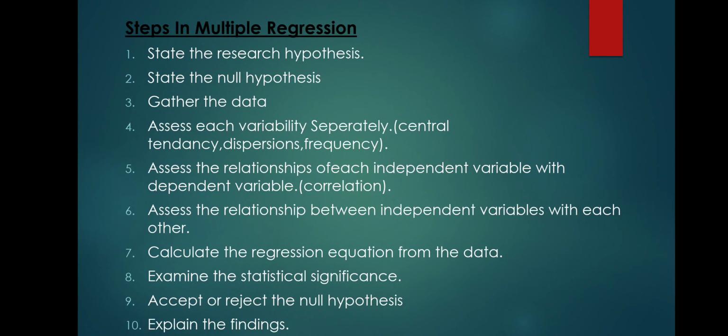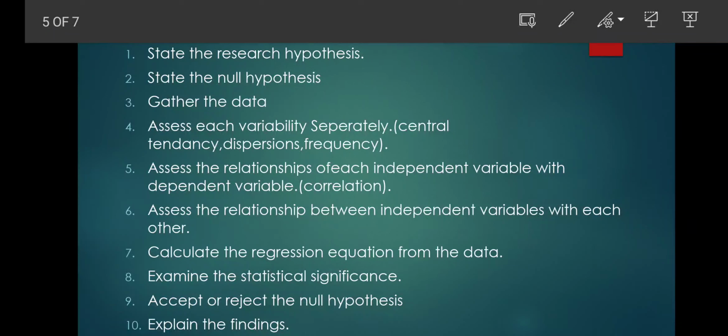Next, examine the statistical significance by comparing the actual value with the table value, and accept or reject the null hypothesis. Next, decide the decision criteria, that is rejection or acceptance of the hypothesis. Finally, explain the findings of our work.